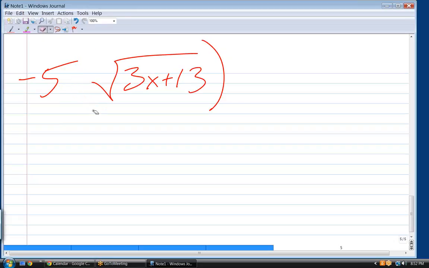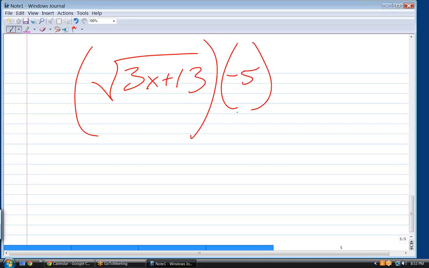Well, if there's no parentheses, where is the negative 5? It is after the 13, but it's separate from the radical. Like that? It looks like that, but without the parentheses. I'm not sure if that makes any difference.